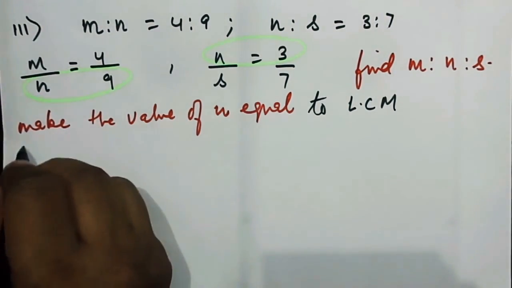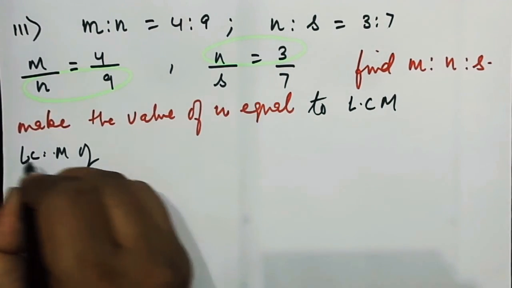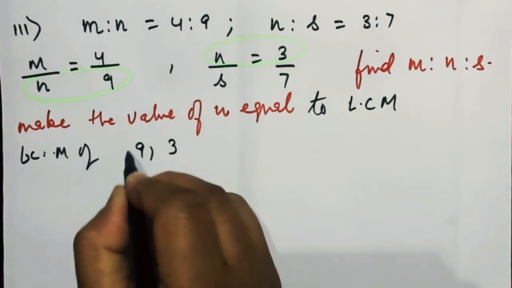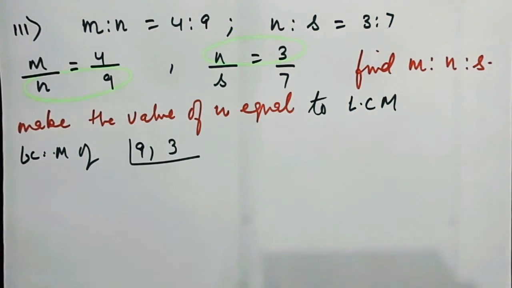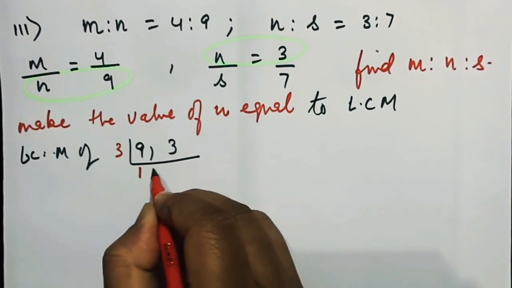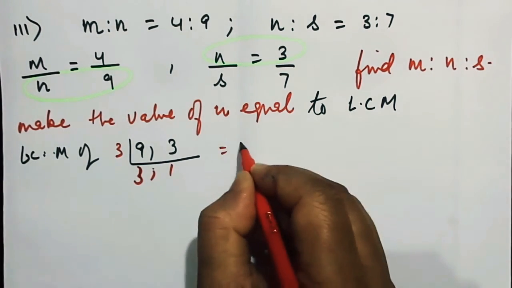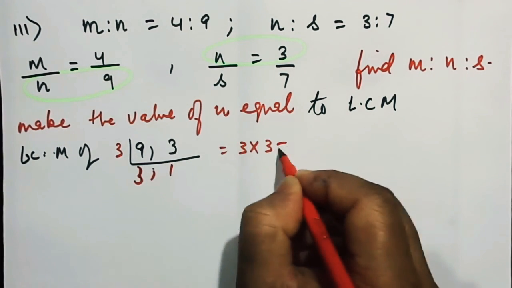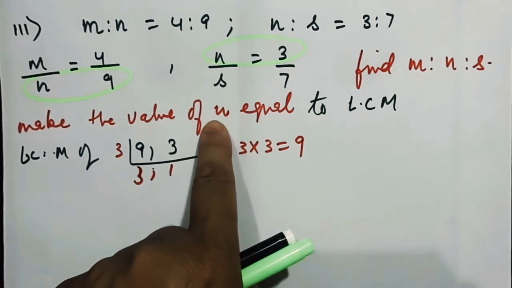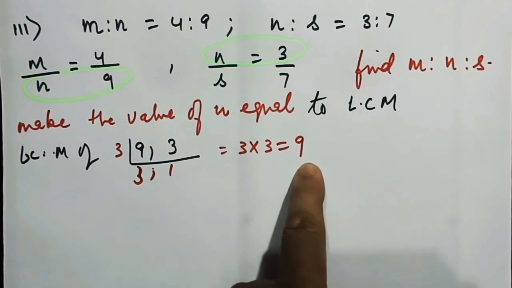The LCM of 9 and 3: 3 one time, 3 three times, 3 one time, therefore we get 3 times 3 is equal to 9, and we are going to make the value of n equal to 9.